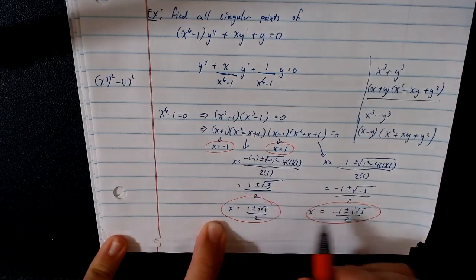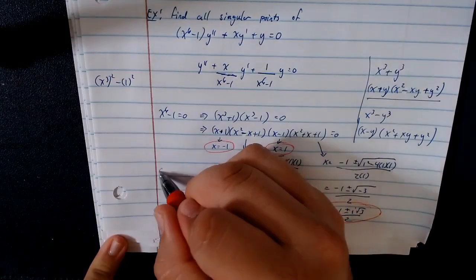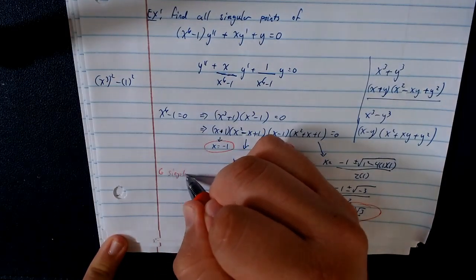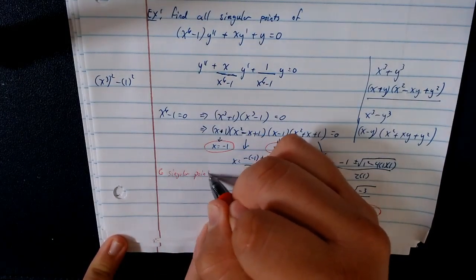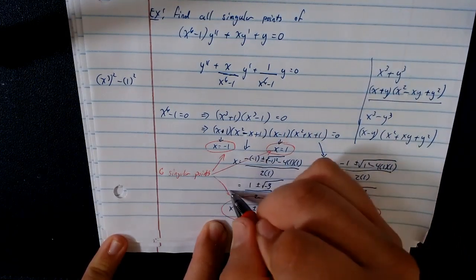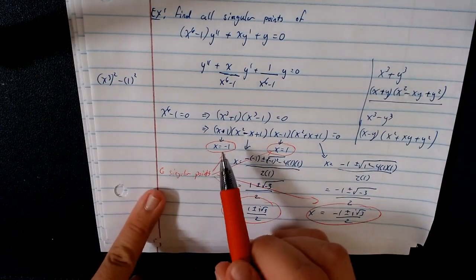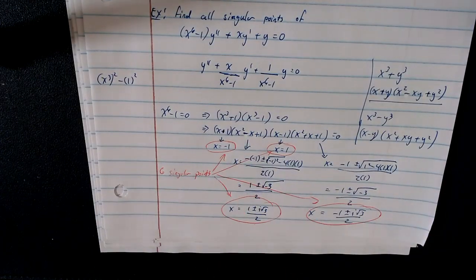So here we have 6 different values, and these 6 values are our singular points. So we have 6 singular points here, which means everything other than these 6 singular points would be an ordinary point.